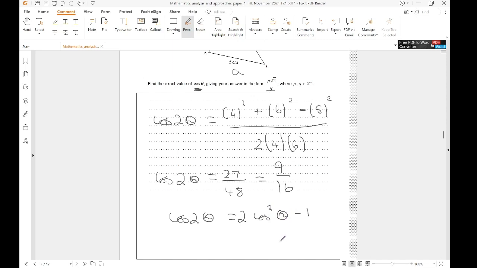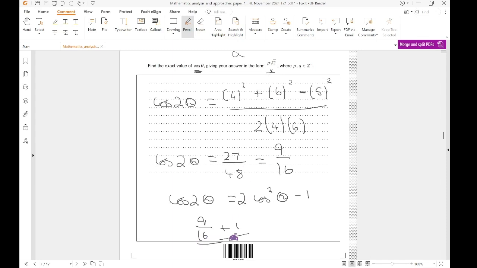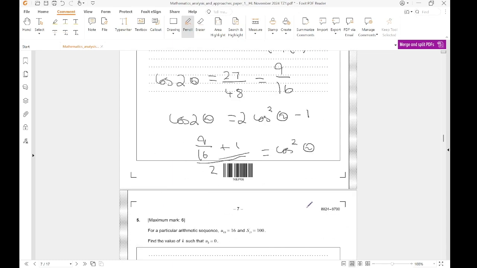So now we know what cosine 2 theta is, yes? So we plug it into this equation that we have over here. So cosine 2 theta is 9 over 16, plus 1, divided by 2, is equal to cosine squared theta.